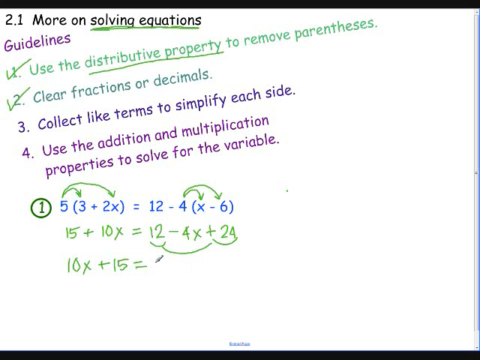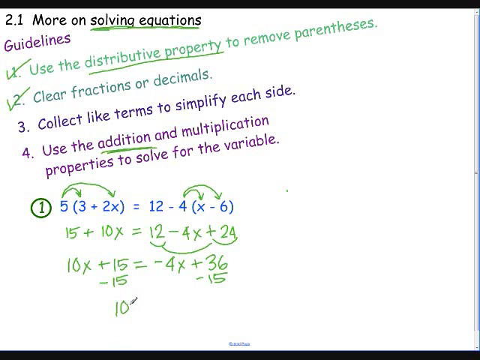I get 36, right? So I'm going to have a negative 4x plus 36. I am now going to use the addition property of equality, which says if I add a negative 15 to both sides, these equations remain equivalent. It's still a true equation.